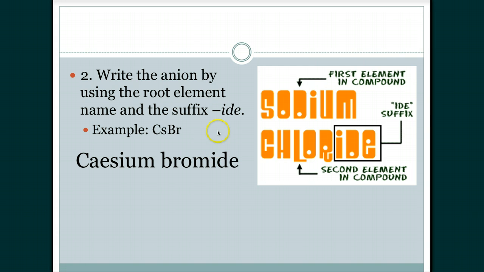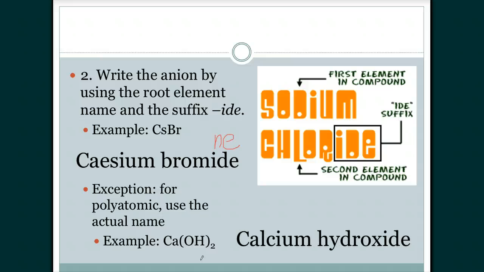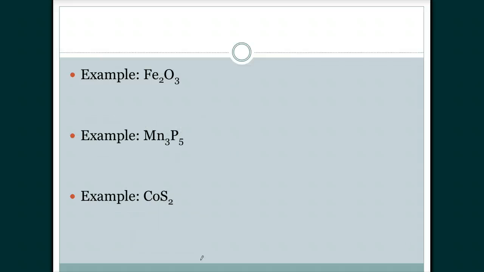Instead of an E, I'm going to end up with an DE, because this is bromine and this is bromide. Anyway, that should be easy. Another example, if you have polyatomic compounds, you don't really change anything, so this will be calcium hydroxide.